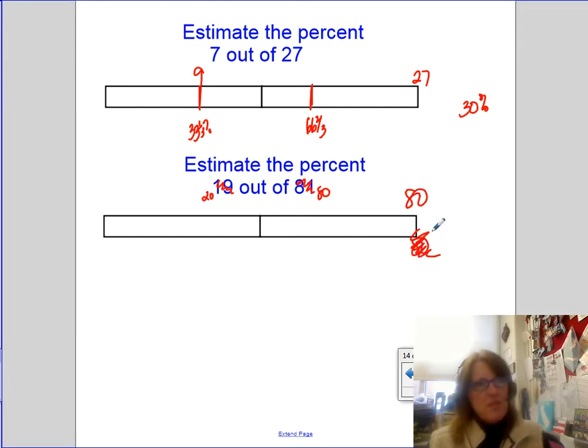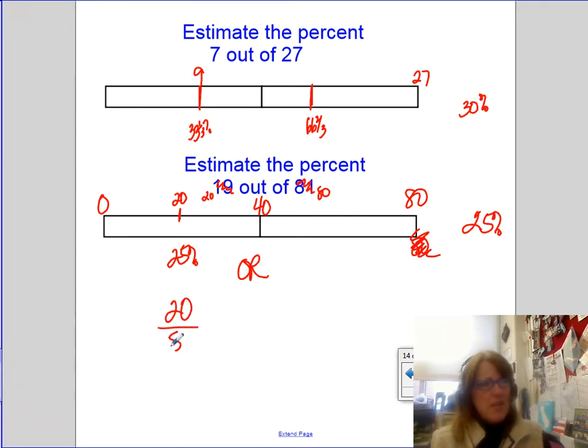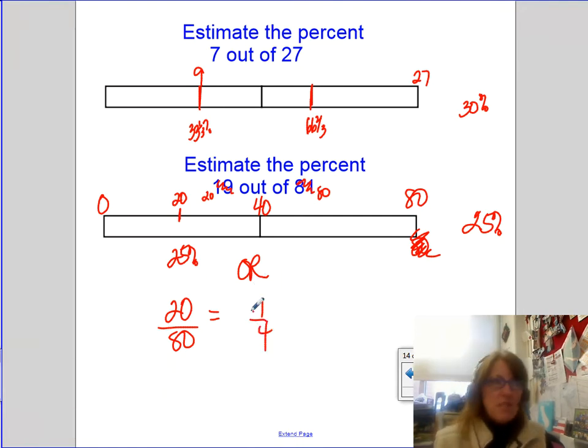I always put the percents on the bottom, don't I? So about 20 out of 80, this would be 40. And then halfway here would be 20. Well, that's exactly the 25% mark. So that might be a good estimate. Okay. Or if you want to just think of it as the fraction 20 out of 80 and get that in simplest form, which is 1/4, and you might say, I know that's close to that one.